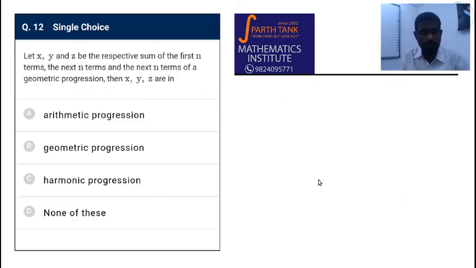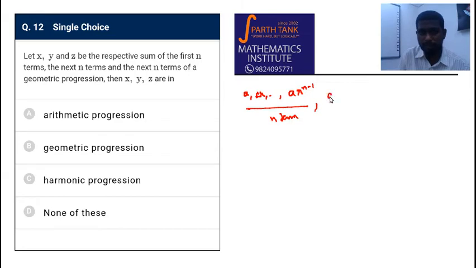Okay, question number 12. Let x, y and z be the respective sum of the first n terms, the next n terms and the next n terms of a geometric progression. That is, if you have n terms, the first term of a GP is a, ar, and so on. The nth term is ar power n minus 1. So these are n terms.